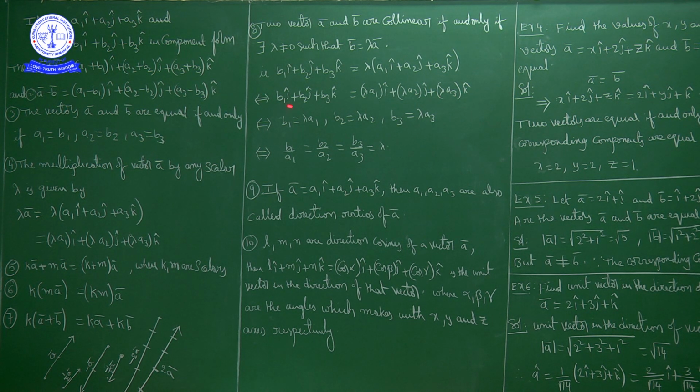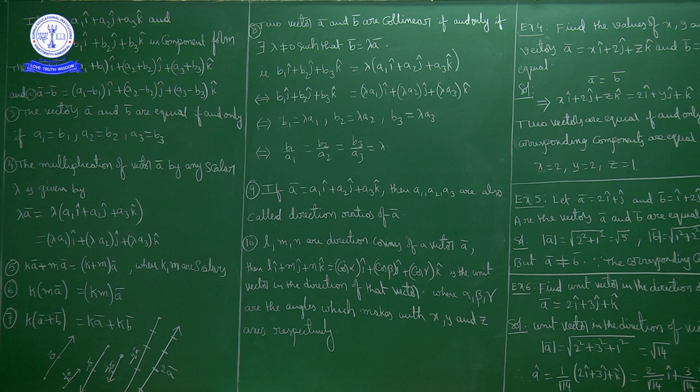Now these two vectors are equal, so corresponding components have to be equal: b1 is equal to lambda a1, b2 is equal to lambda a2, b3 is equal to lambda a3.